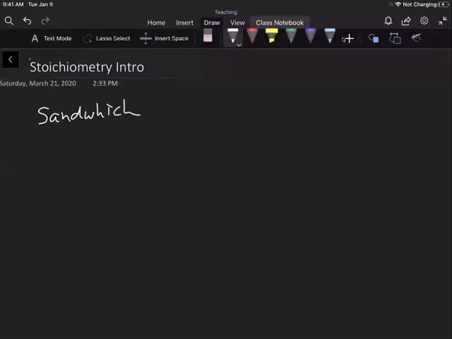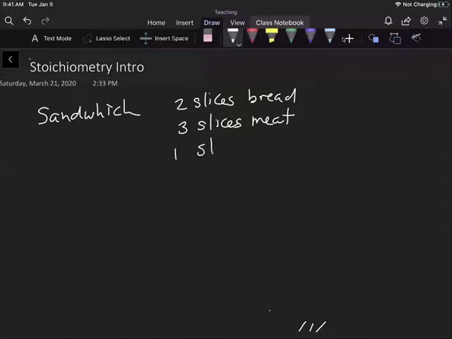In my sandwich, I like 2 slices of bread, 3 slices of meat, and 1 slice of cheese. Okay, that's my sandwich that I like to make.